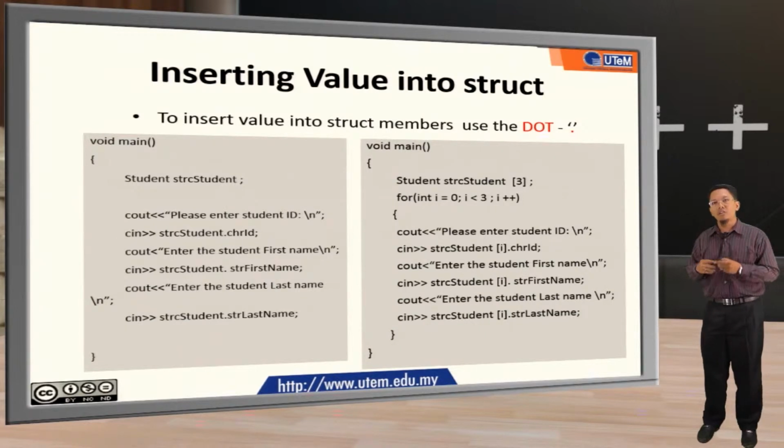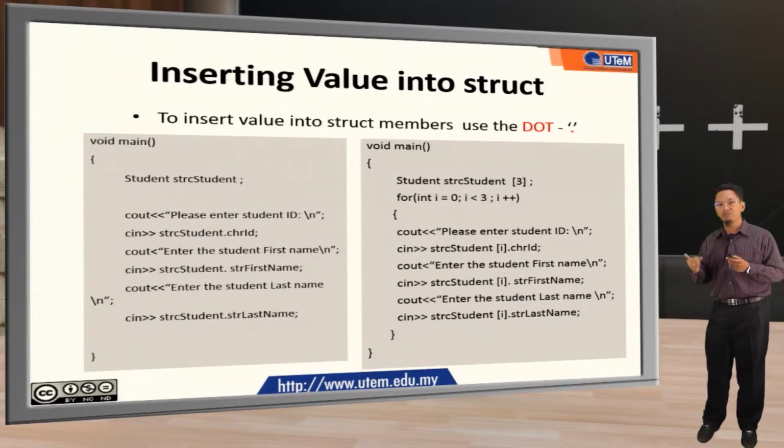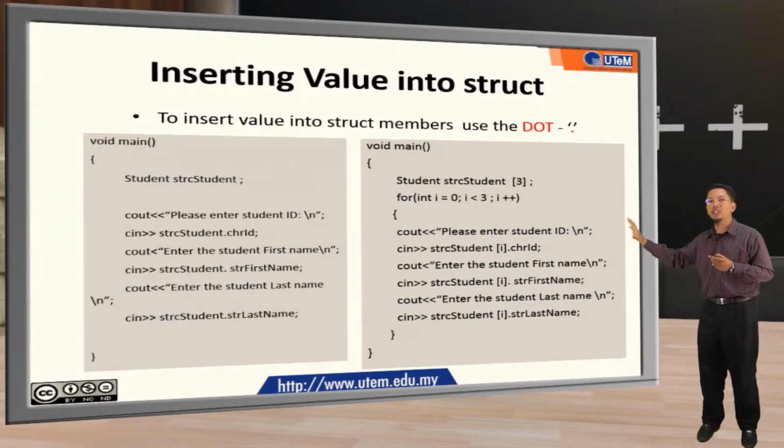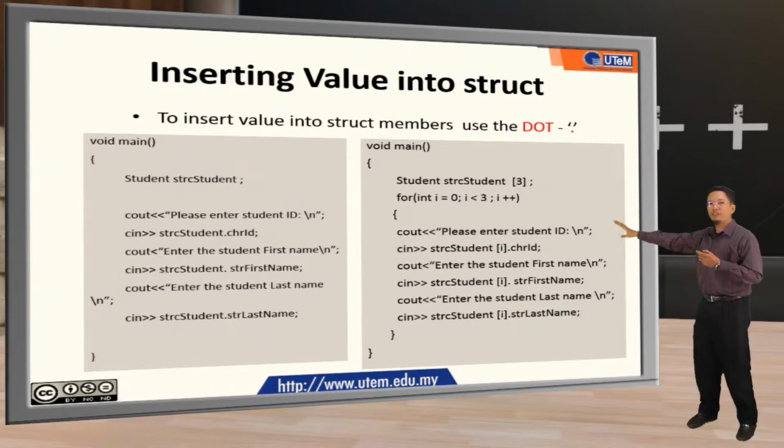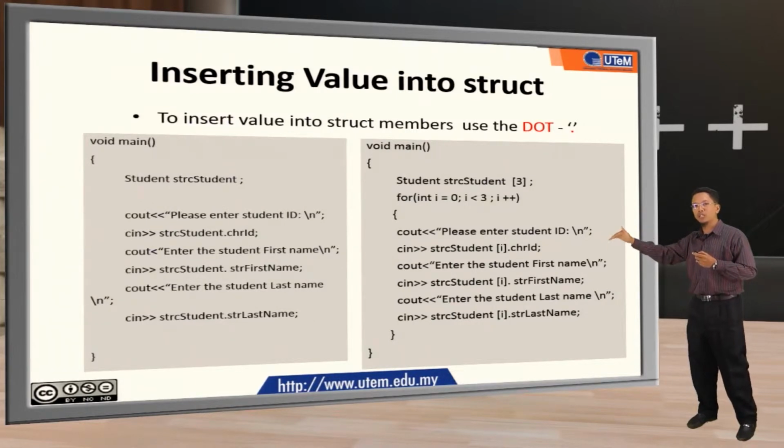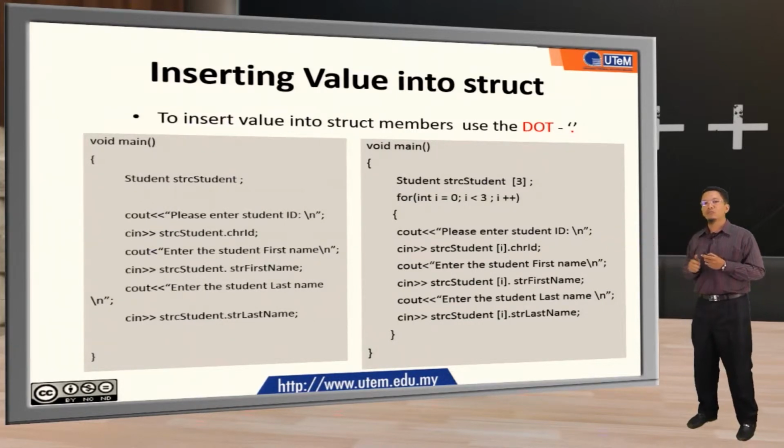So if you have an array of struct, just simply add it into a loop, okay? And before you put the dot, you have to refer to which index. In this example, I have put the square bracket before the dot. After the square bracket, only then you can put the dot and the member of the struct you want to set the value.